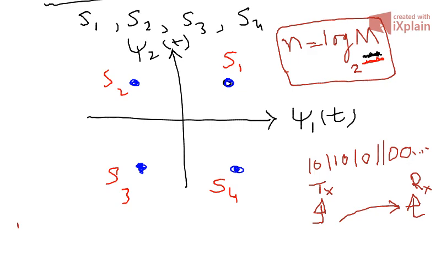So we can group our data in groups of 2 and transmit it using this constellation. The signal to be transmitted will be based on the binary sequence which you get from the binary source.